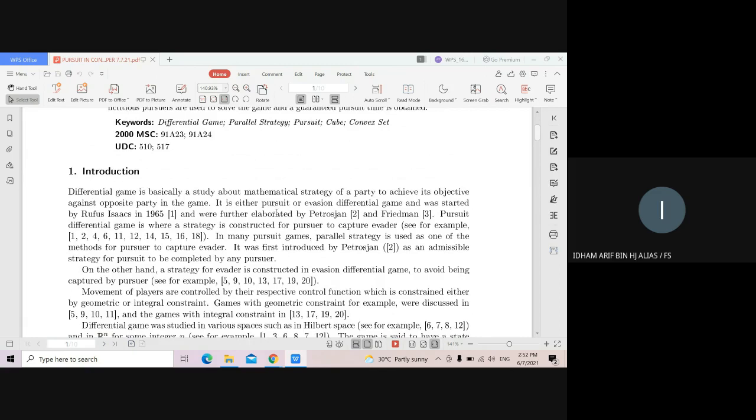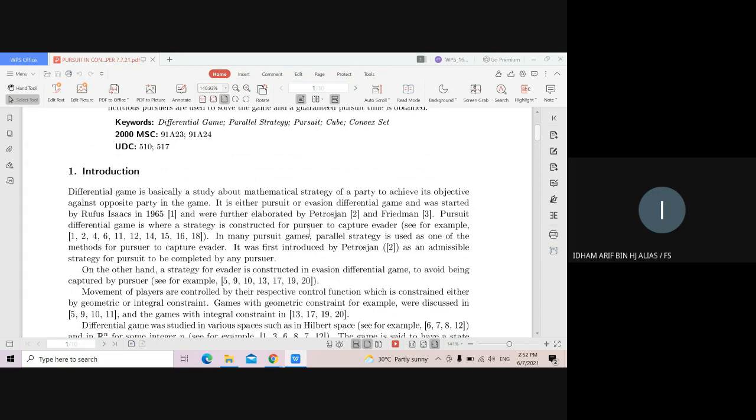And it is about constructing a strategy for the players in focus. For example, if it is a pursuit game, the problem is to construct a strategy for pursuers where the movement of evader is free or can be anything.